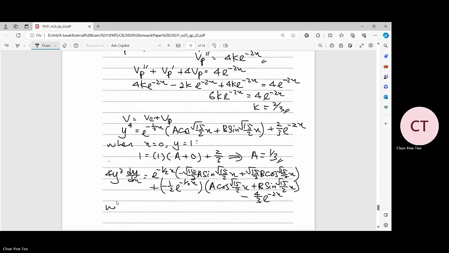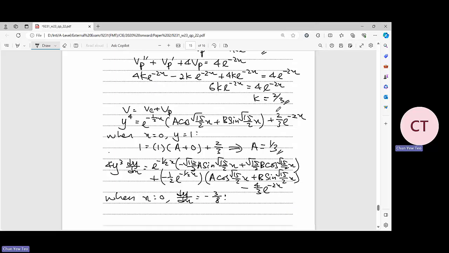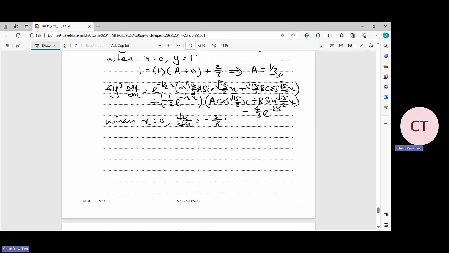Now, when x is 0, dy/dx, given in the question, is negative 3 over 8. This one you have to be extra careful because the equation that we have is kind of messy over here, and not to forget, your y is 1.